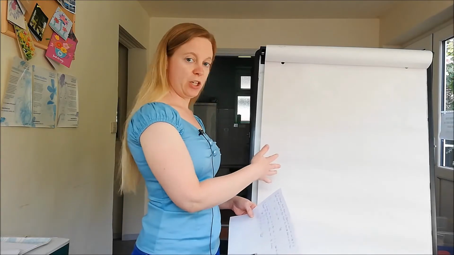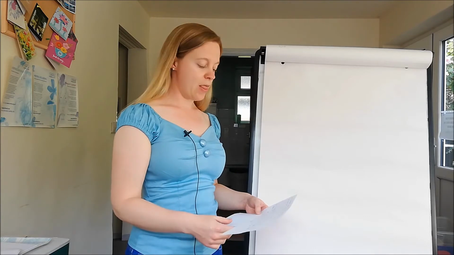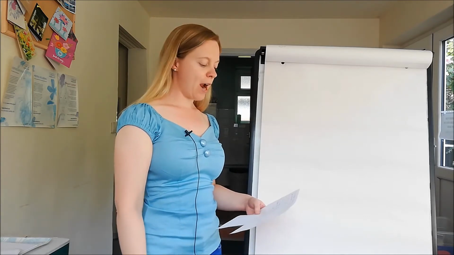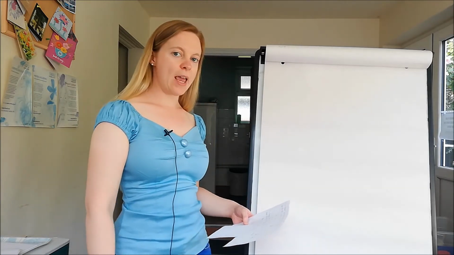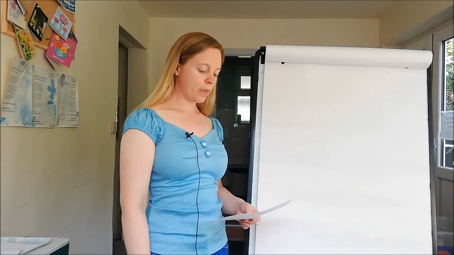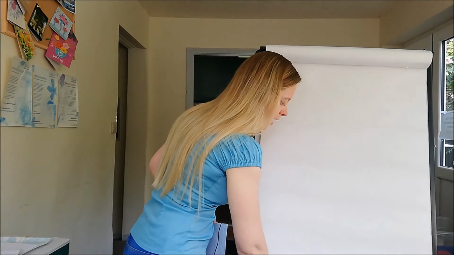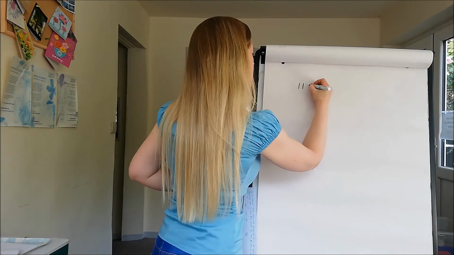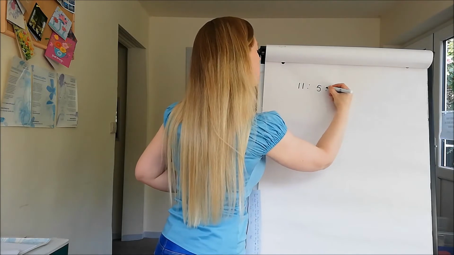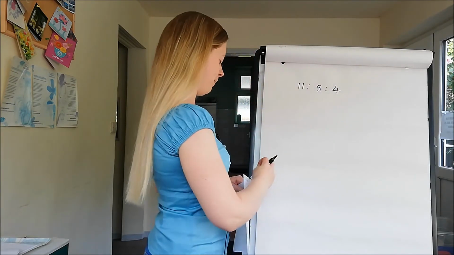So if you put e.g. in your notes again and then write, in a triangle, the sides are in the ratio 11 to 5 to 4.